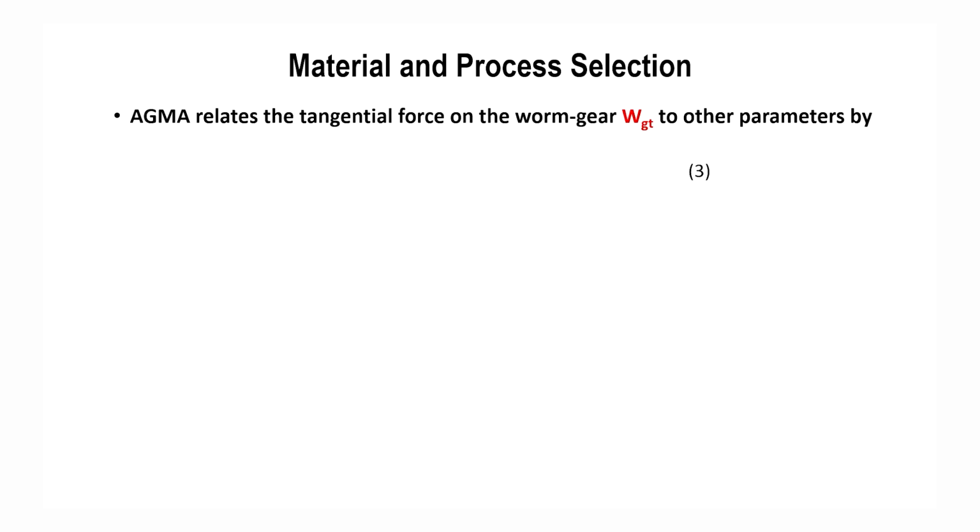Then material and process selection. AGMA relates the tangential force on the worm gear, WGT, to other parameters by an equation: WGT is equal to CS, CM, CV, dm to the power 0.8 and FEG.